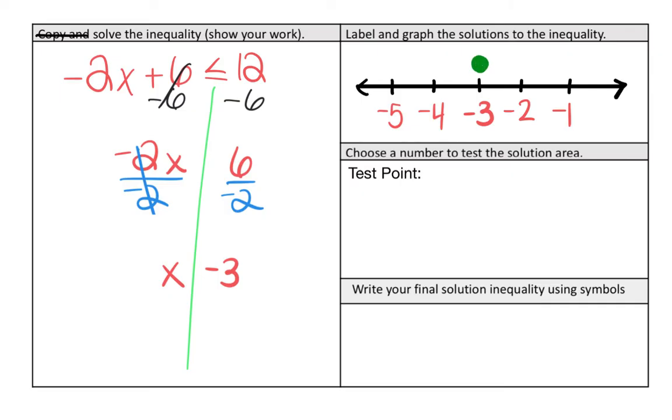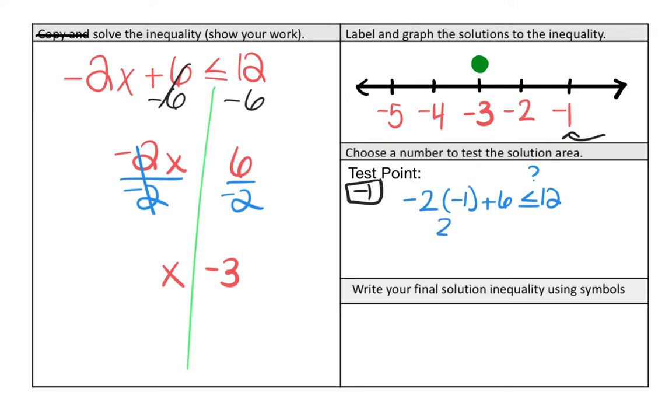All right, so now we need to pick a test point to find out, is it going to the left or to the right? And so my test point this time, let's go with, how about negative 1? So test point negative 1, I'm going to box that up so I know which one I used. And now we're going to substitute that into our original inequality. Negative 2 times negative 1 plus 6, we want to know, is that less than or equal to 12?